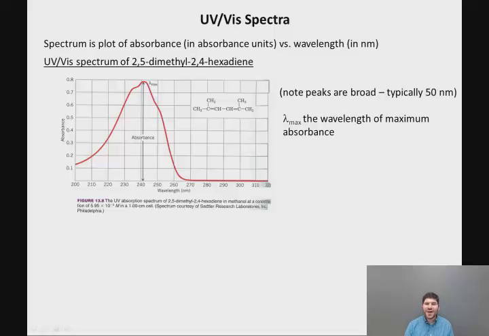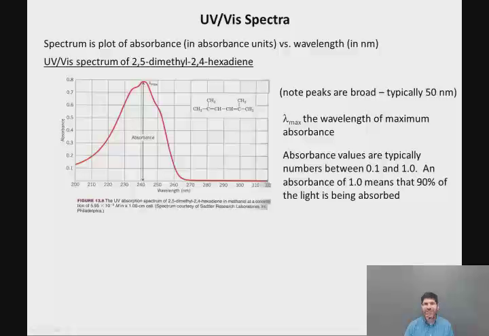The wavelength of maximum absorbance is what we call the lambda max, which is indicated here, and the absorbance values are typically numbers between 0.1 and 1. If you look at your y-axis, you'll see that at the lambda max, the absorbance is about 0.8.